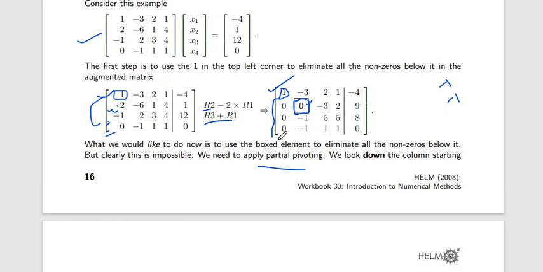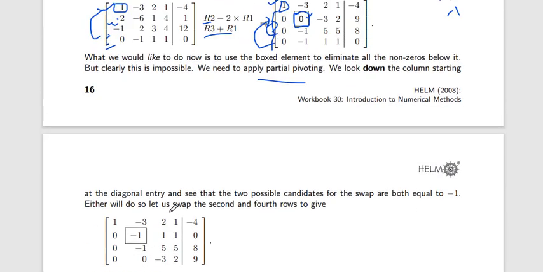You can swap row 3 with row 2, or row 4 with row 2, either is fine. So the first row will remain the same, 1 minus 3 2 1 minus 4.